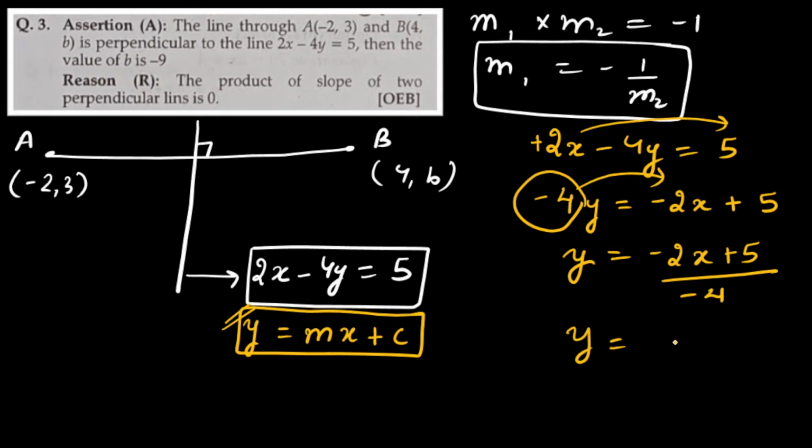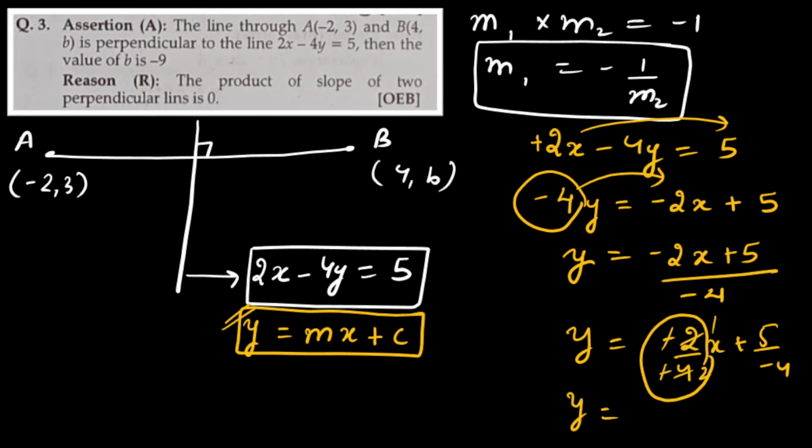So y is equal to minus 2 by minus 4 x plus 5 by minus 4. Minus and minus will get cancelled, 2 into 1, 2 into 2. So y is equal to 1 by 2 x. Here also plus and minus is minus; two signs together will change it.